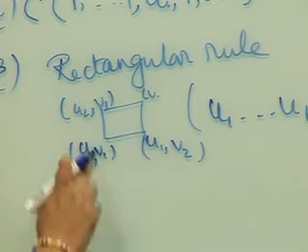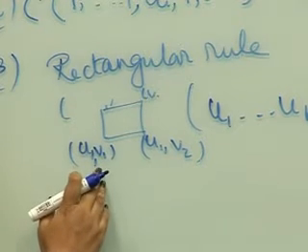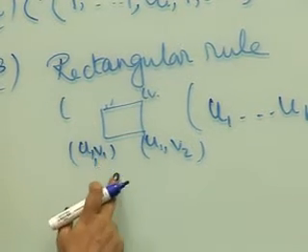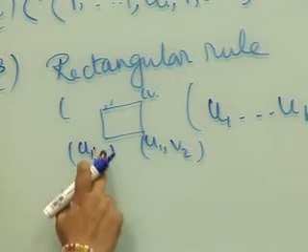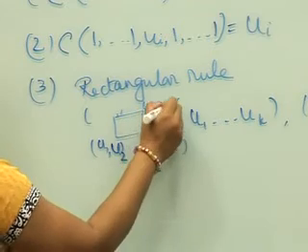So U1 U2 is this point, V1 V2 is this point.